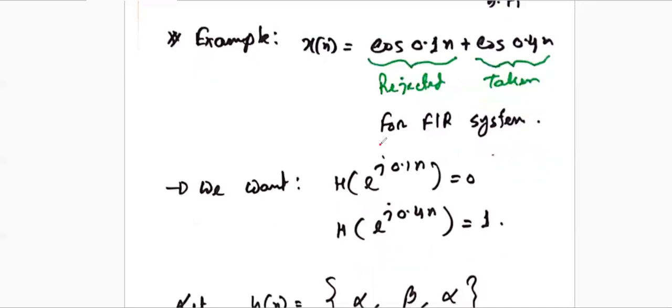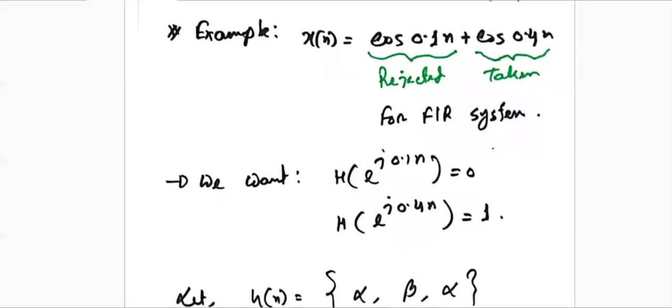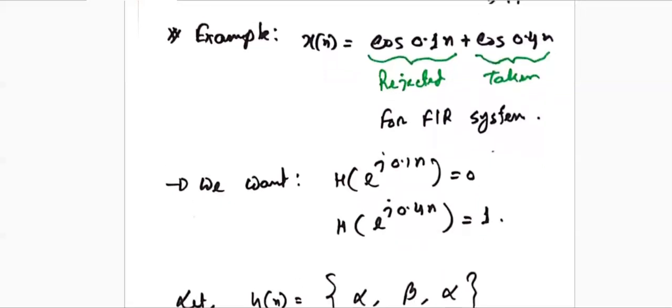And for an FIR system, it is mentioned here as an FIR system. Okay, so from our previous experience, this is ω1 and this is ω2. So you can write it here, H(ω1). What is that? H(0.1). This is also okay.